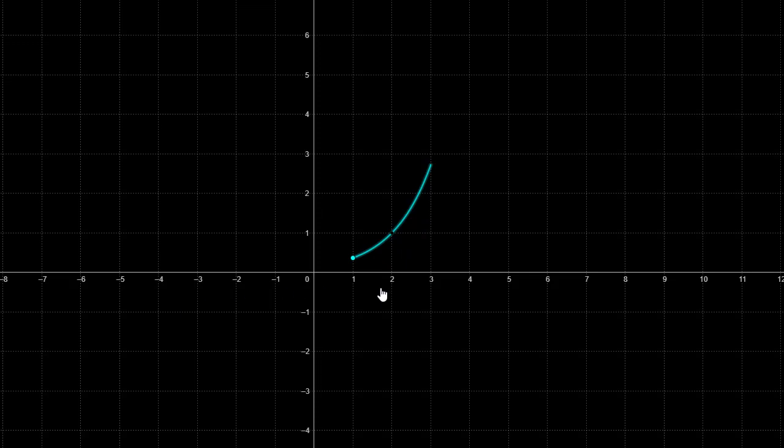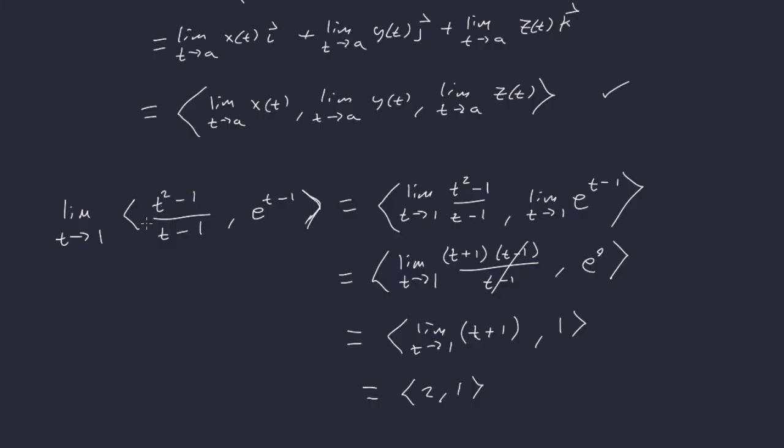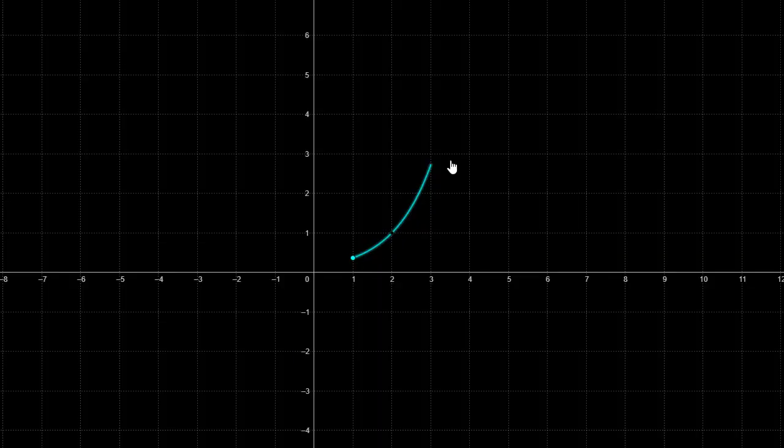All right, and it turns out that if you plug 1 in exactly, so if we jump back to here, if we were to plug 1 in exactly, we would get an undefined point here. So what that actually means is we have a hole, okay, in the vector-valued function there.